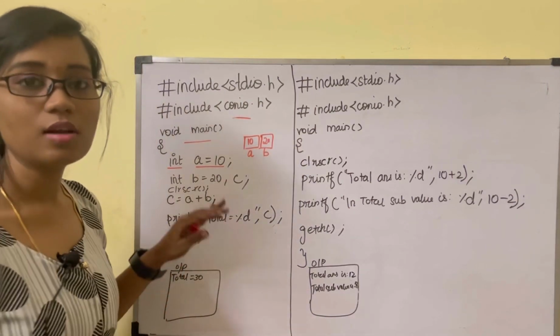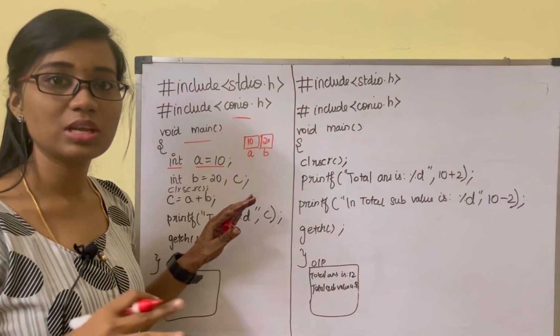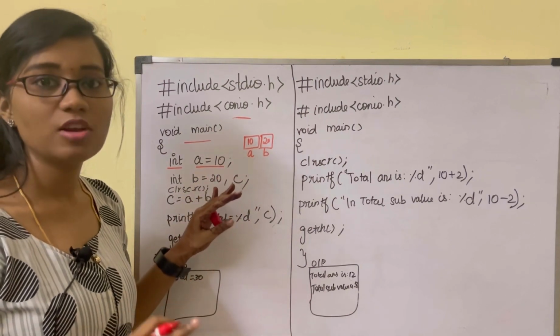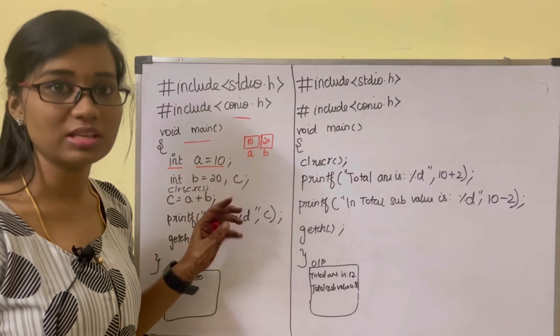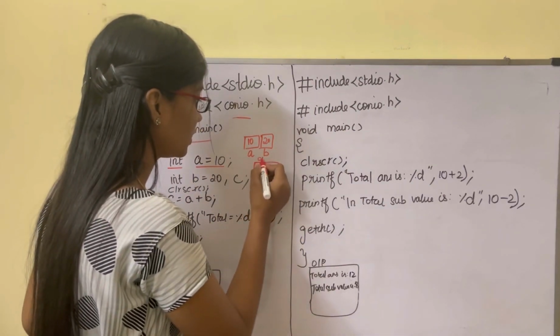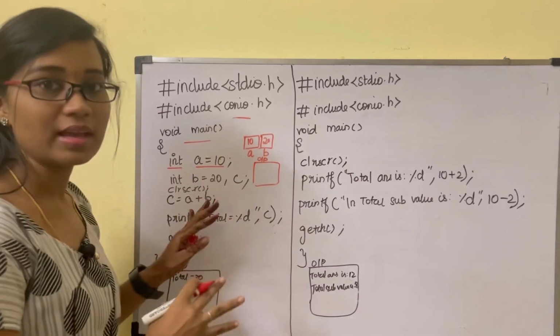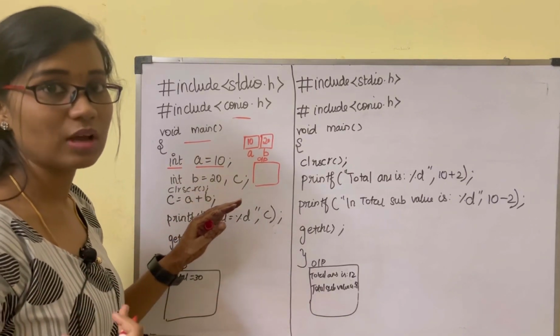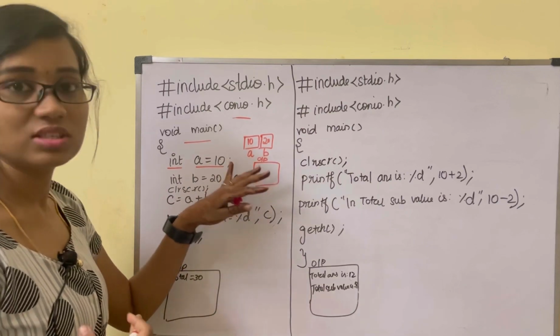So this is a constant program. What we have seen previously is a dynamic program. In a constant program, values cannot be changed during program execution. So what does it mean? In the output screen, if I use a program with scanf like in the previous program, I can change the values.